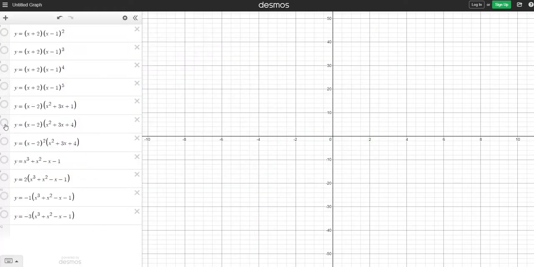Here it is. And look what happens. There is a maximum and a minimum. There's actually two turning points. And they are below the x-axis. So they don't give us any intercepts, but we still get that maximum and minimum like we saw in the previous problem. So I'm going to kind of just sketch what I see here more or less.